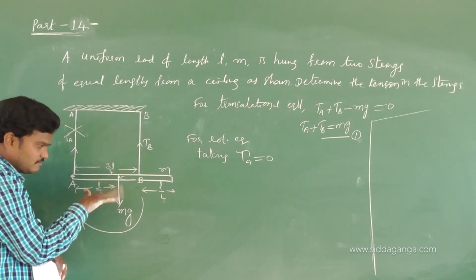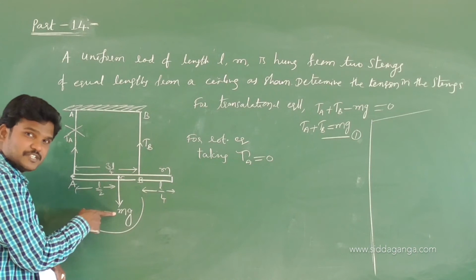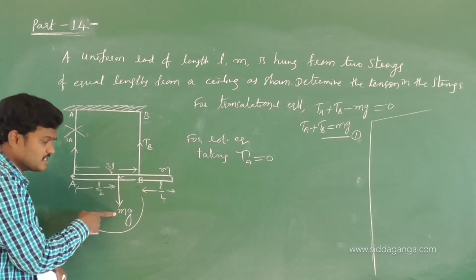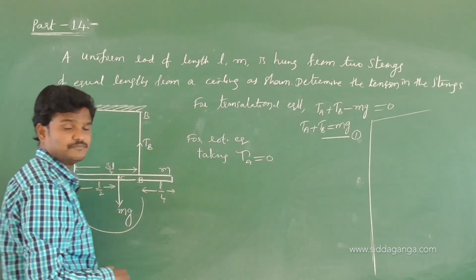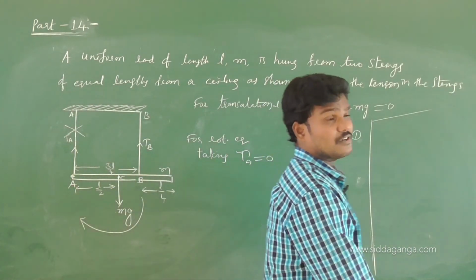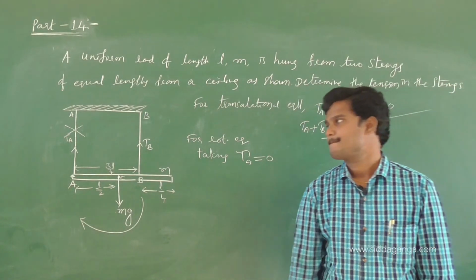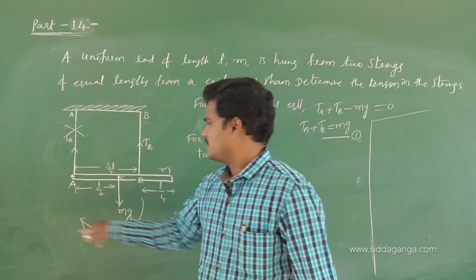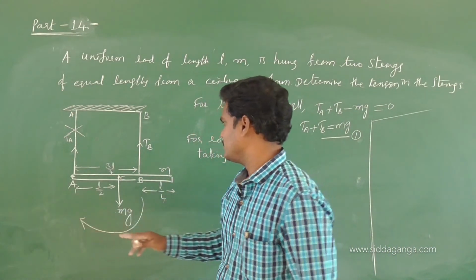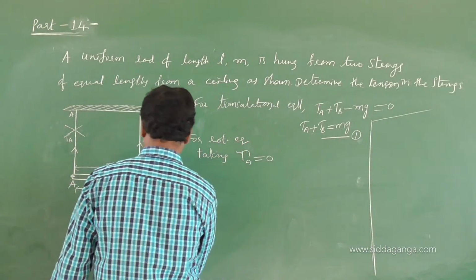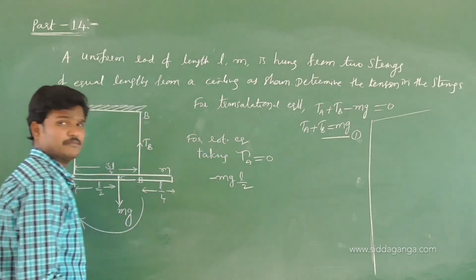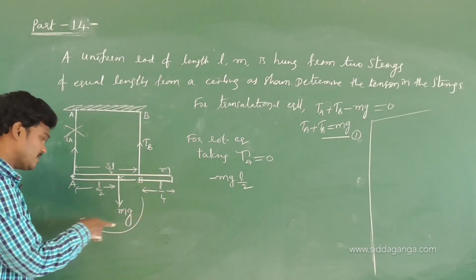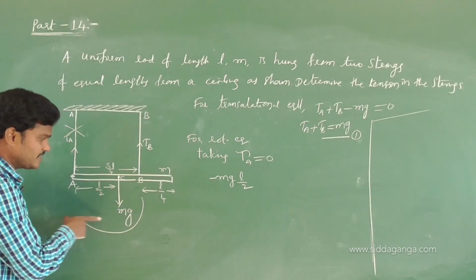What is the torque because of this mg? Torque is nothing but force into distance. Force is mg, distance is L by 2. Is it negative or positive? Inward or outward? Clockwise, negative. So let me write minus mg into L by 2. Why did I write minus? Because this torque is clockwise.